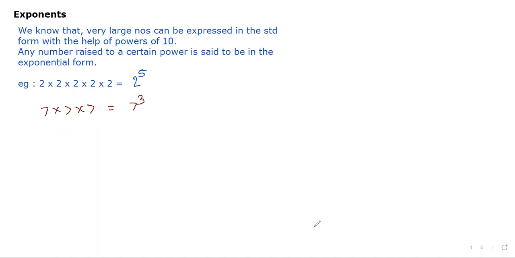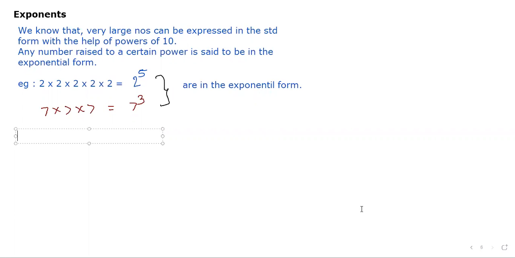Seven square. So 2 raised to 5 and 7 raised to 2 are in the exponential form. Yes or no, children? Yes, sir.